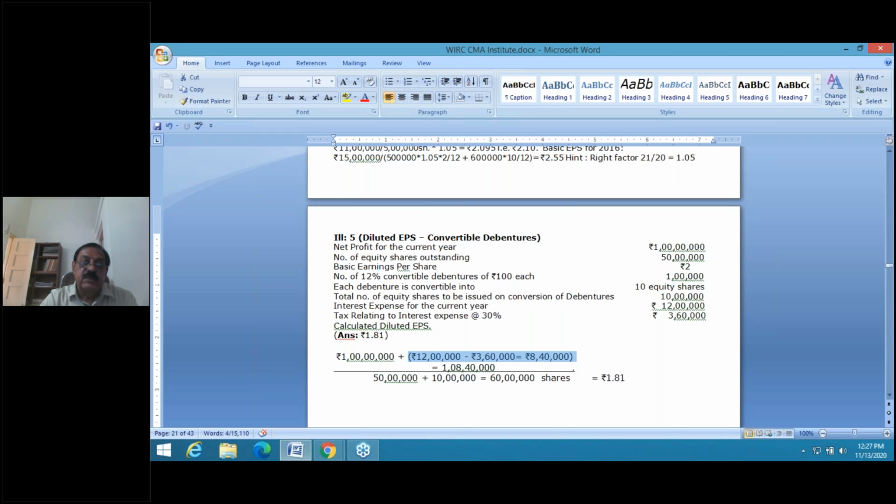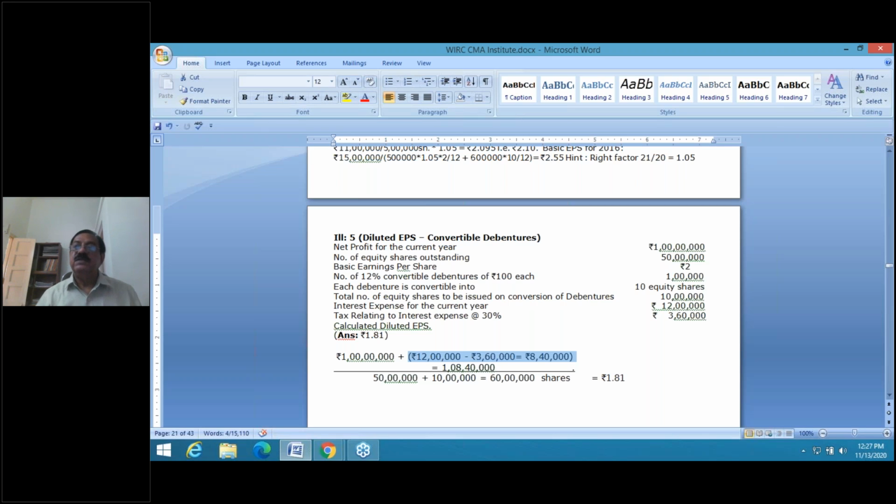Similarly, there may be convertible preference shares. There, if they are converted into equity shares right from the beginning, then my PAT would have increased by the preference share dividend plus dividend tax thereon, and that will be an addition to your numerator.